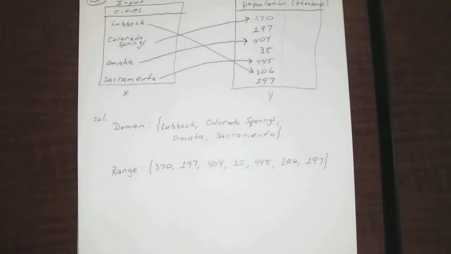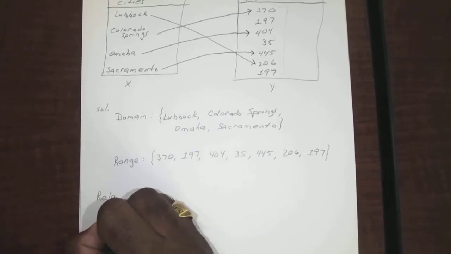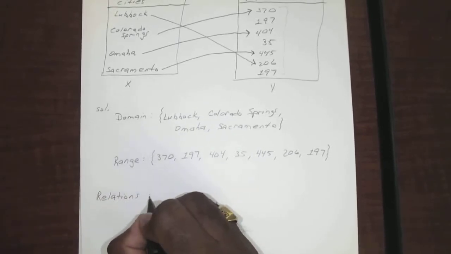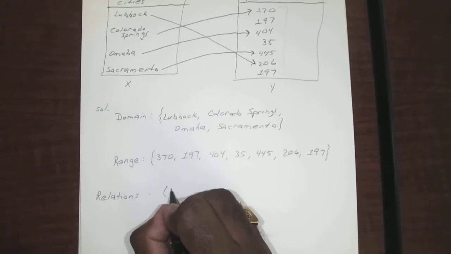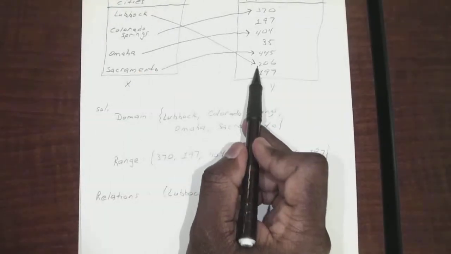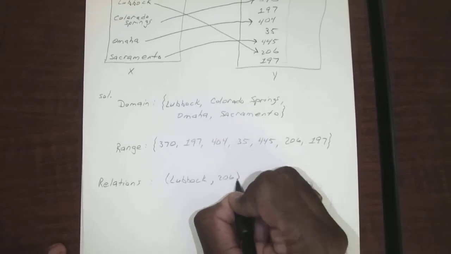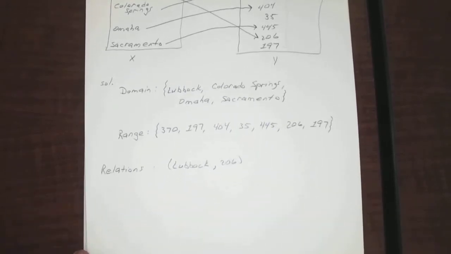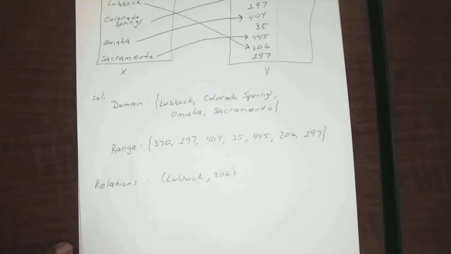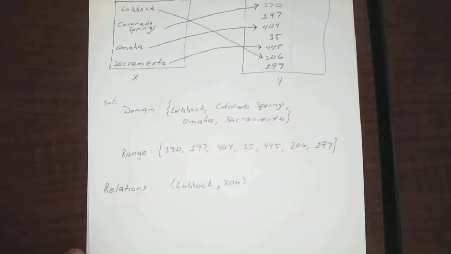Okay. Now, if we wanted to write an actual relation, then we write out which ones match up. Which would be Lubbock, and we know that matched up with 206. Colorado Springs, we know that matched up with 370.